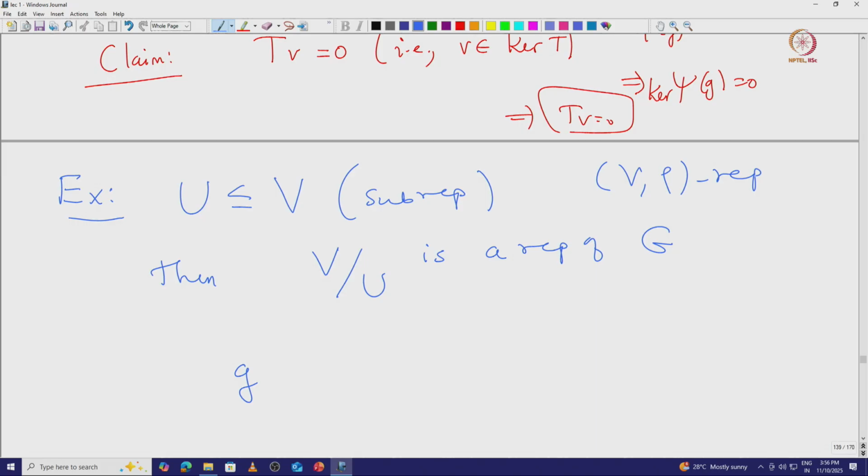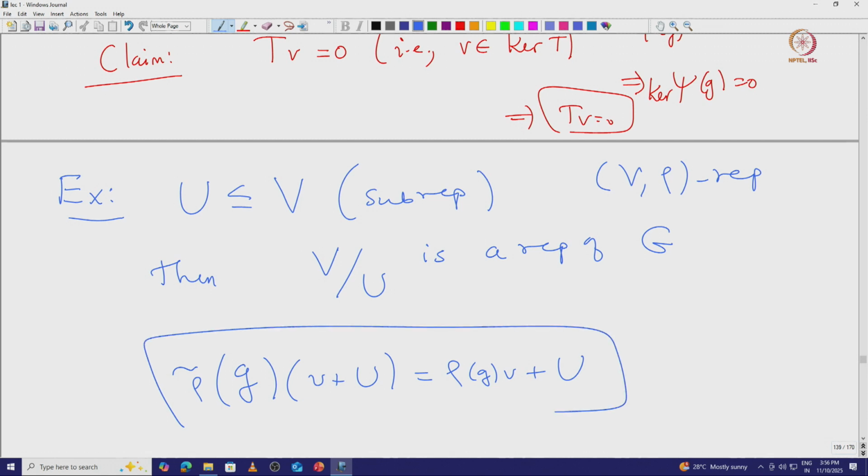Then this rho tilde of G of V plus U is defined to be rho G of V plus U. So, this is how the action is defined.